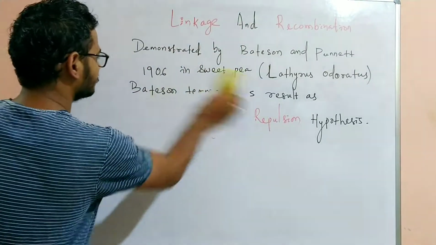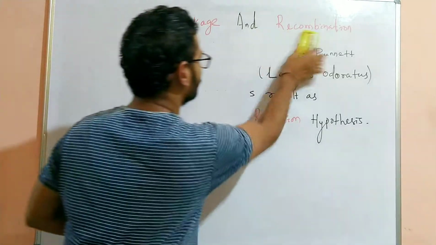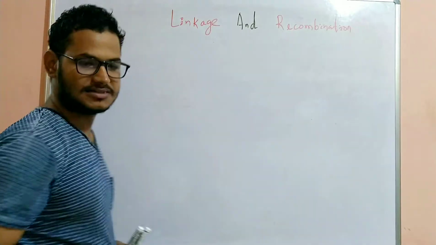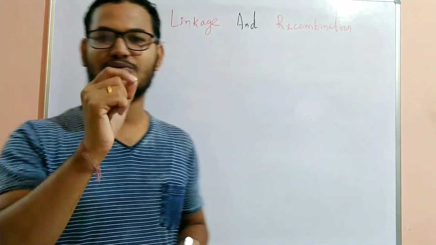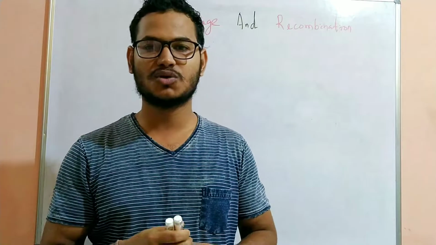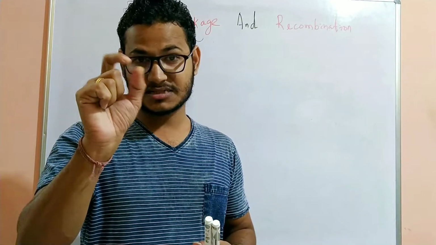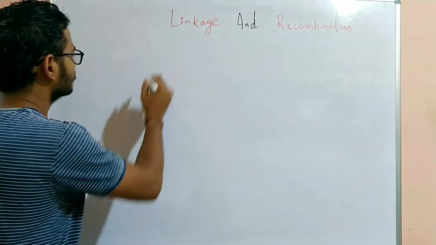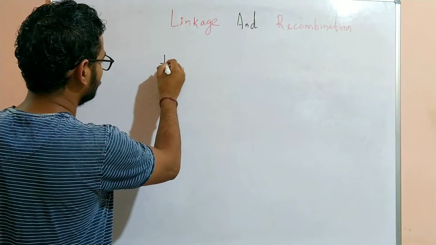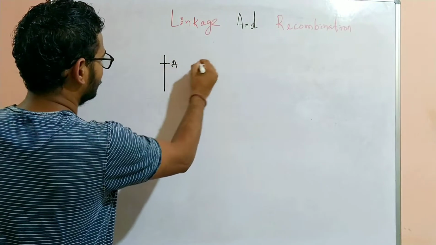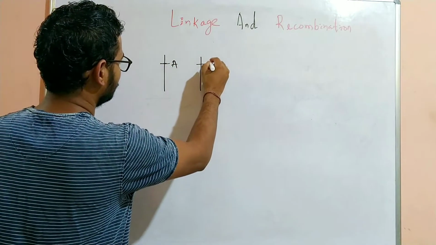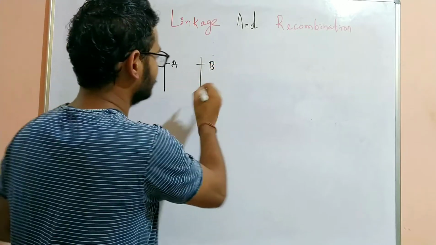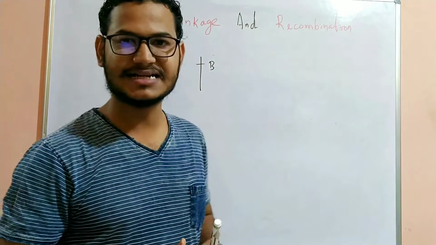So now let's see what are the characters of linkage, why linkage occurs, and what are linked. Let's talk about it. So genes found on different chromosomes are unlinked. So when one gene is found here and another is found here in a different chromosome, these are called unlinked genes.